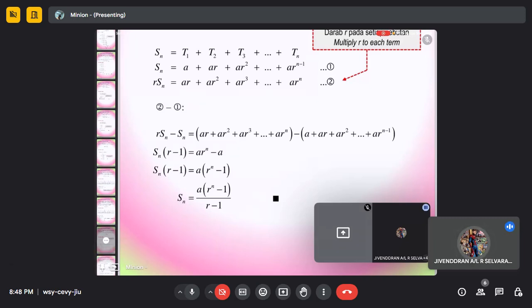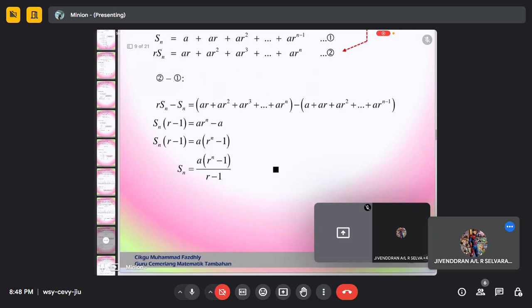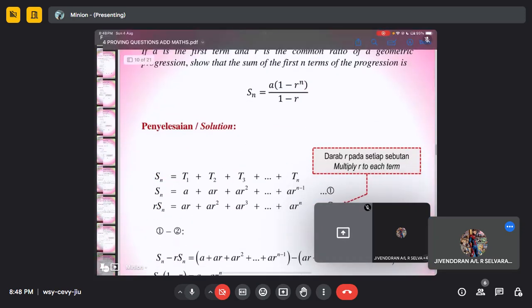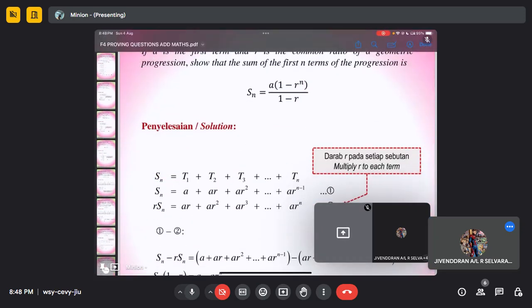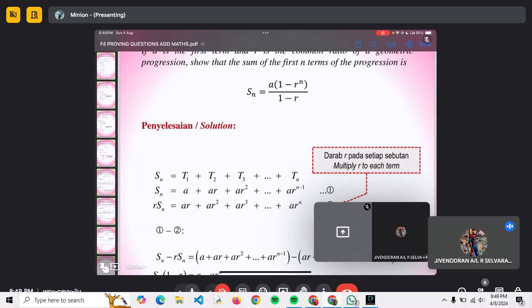Okay, next formula. This is the Sn formula for geometric progression also, but this one is with 1 minus r. The one before was r minus 1. We do the same thing. Sn equals T1 plus T2 plus T3 until Tn, and we list out the same thing: Sn equals a plus ar plus ar squared and then until ar to the power n minus 1.